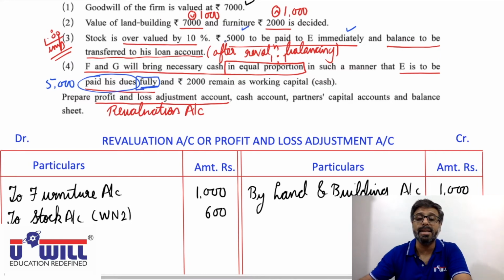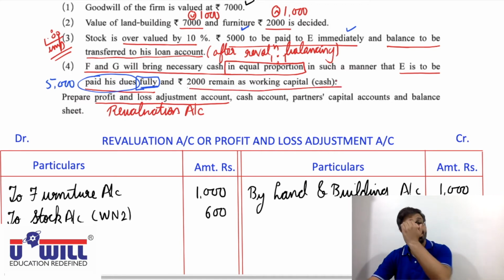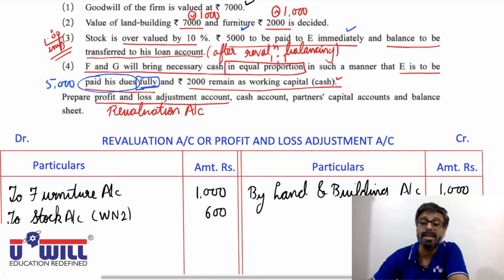So when they say E is to be paid his dues fully, means the amount decided to be paid to E, that is 5,000, that we pay fully. And also 2,000 is to be kept or remain as working capital cash. Now this we have done in the previous question 14, so all of you must understand this. The workings, how did we do?